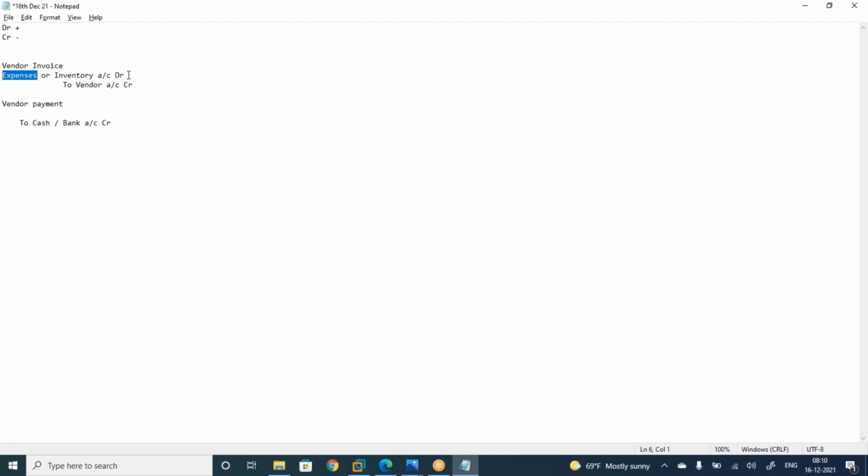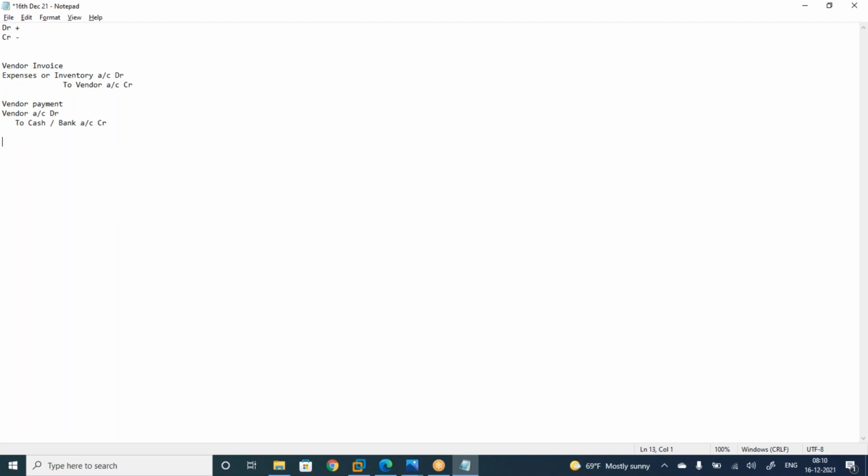Otherwise, inventory account debit to vendor account credit. If it is vendor payment, here my cash balance or bank balance will be decreasing, it is credit, and vendor account will be debited. So vendor account debit to cash or bank credit.